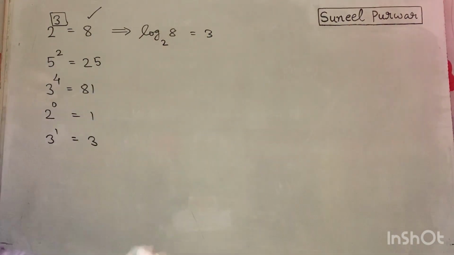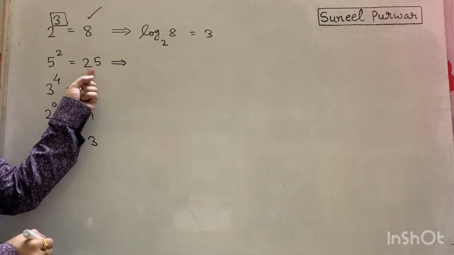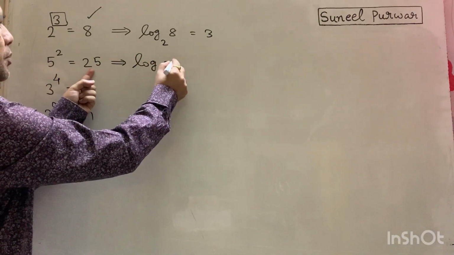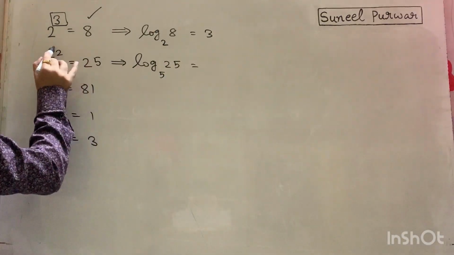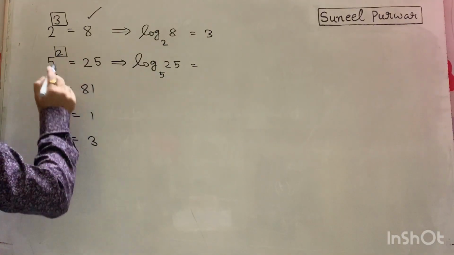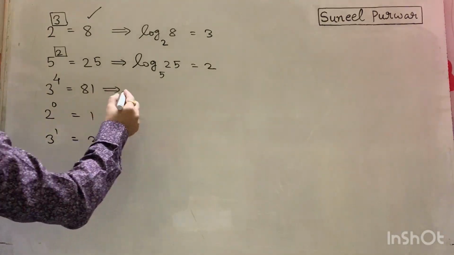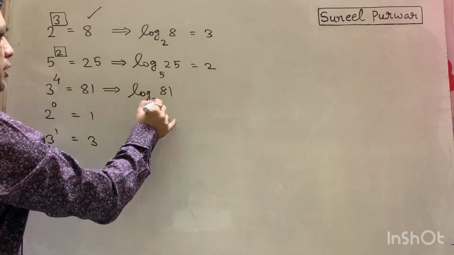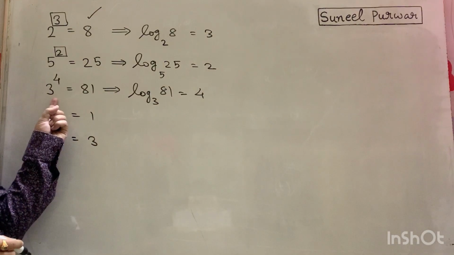Follow the pattern. In a similar way, you can say log of 25 to the base of 5 equal to this number, the exponent 2. Continue the trend. Log of 81 to the base 3 is equal to 4. Log of 81, what is the base here of exponent? 3.